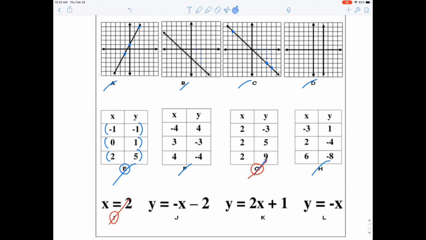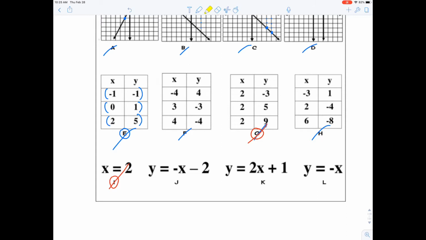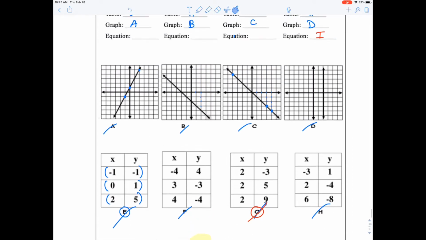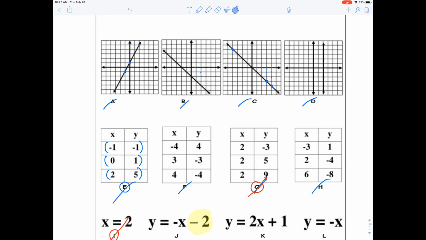Okay, next one, -x minus 2. There are a few ways we can go about this. We talked about slope, we talked about y-intercept. For me, an easy thing to do is take a look at the y-intercept here. This is my y-intercept, -2. Do any of these graphs or tables show -2 as my y-intercept?